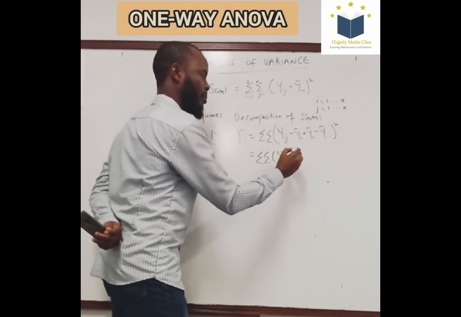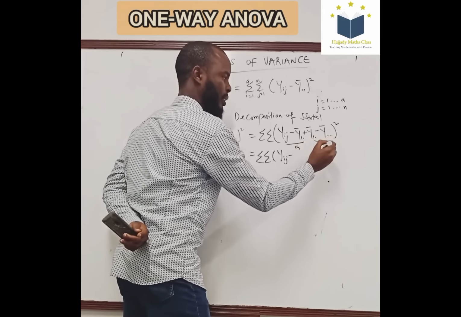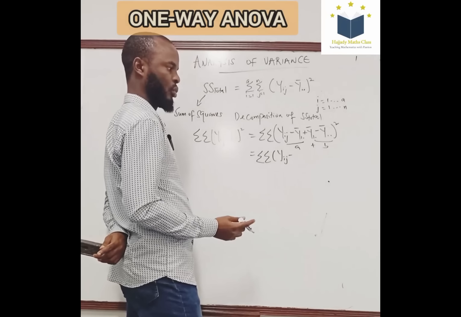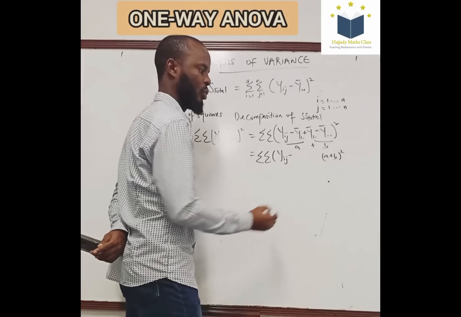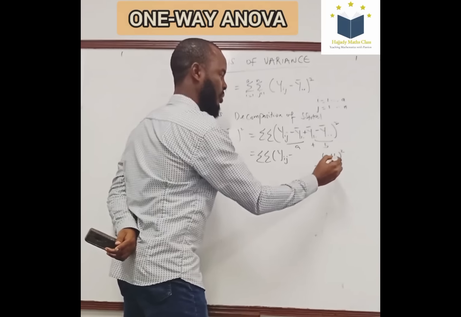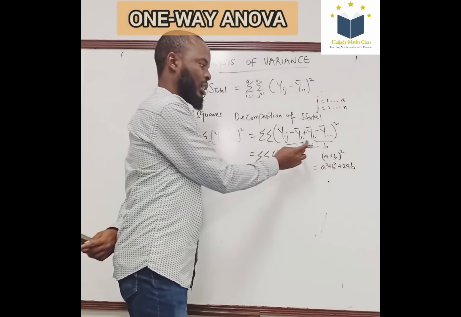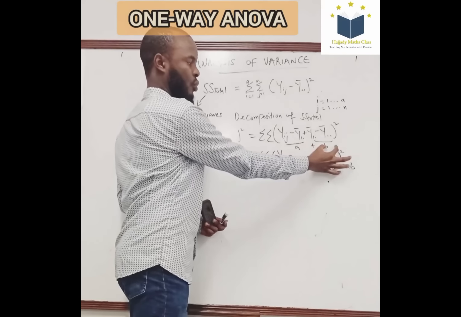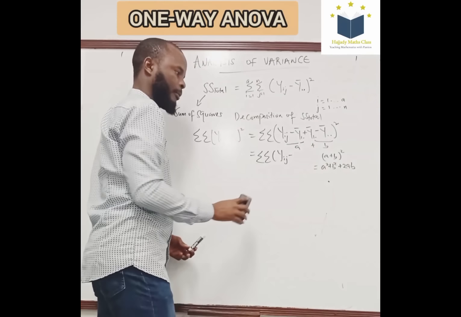Yij minus yi dot bar, just take these two, call these two A and this B. It's like you having A plus B. And don't forget, if you want to expand A plus B to the power of 2, you are going to have A squared plus B squared plus 2AB. So the same thing is what I'm going to use here.